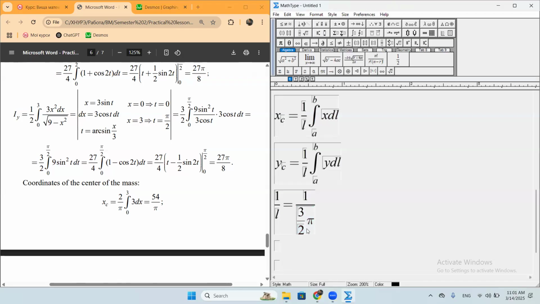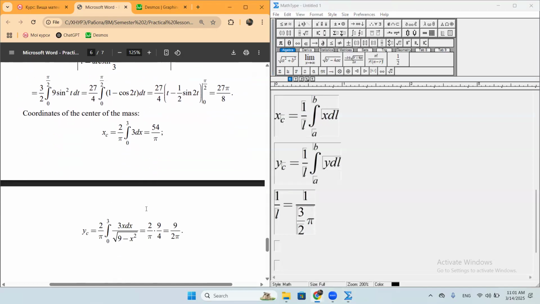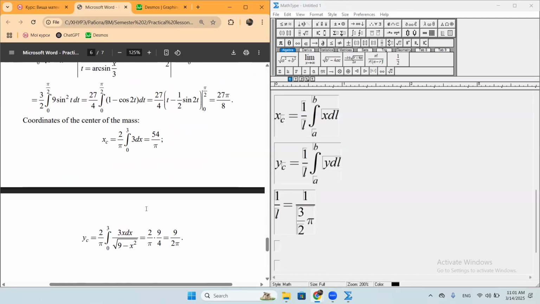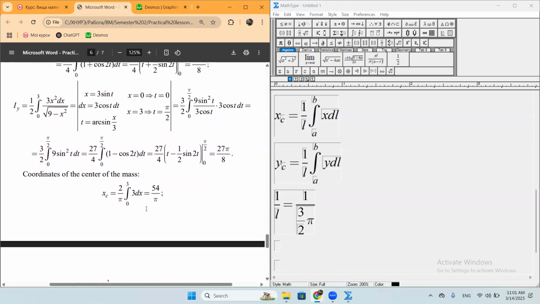So that's why 2 goes to the numerator, but it's a question why 3 is in the numerator as well. It must be in the denominator, so I need to correct it.